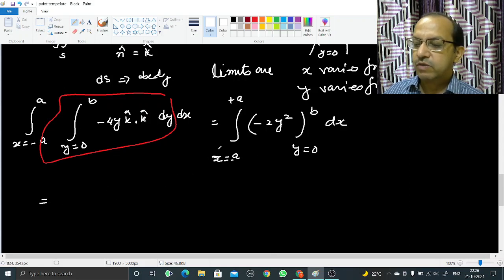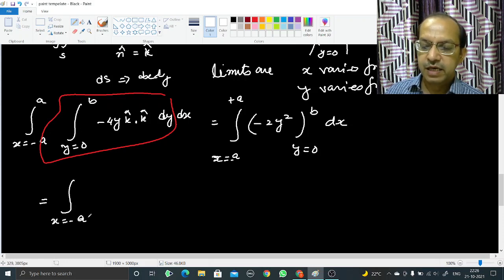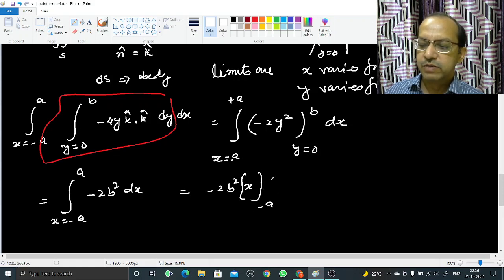So it will be equal to how much? It will be equal to minus of 2b square, with x from minus a to a, minus 2b square dx. So the integration will be minus 2b square x, and the limits are minus a to a. So it will be minus of 2b square into a plus a.